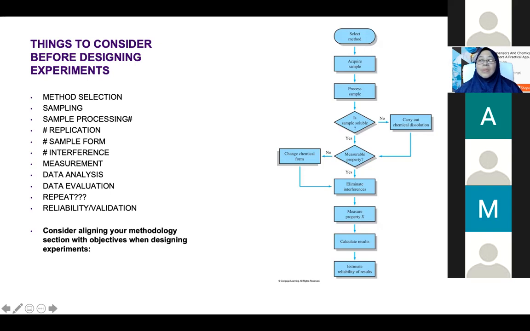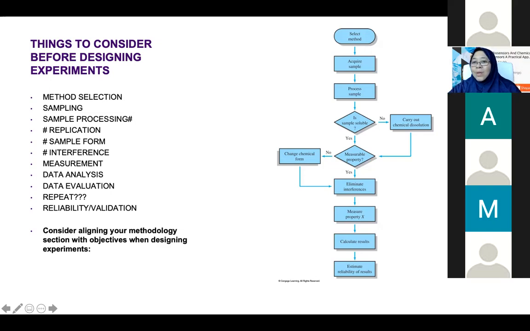How do you make sure that your samples are representative of what you have extracted? It cannot be just one extraction. It has to be multiple extractions, and whatever samples you have should be representative of what you're studying. It should be the same.